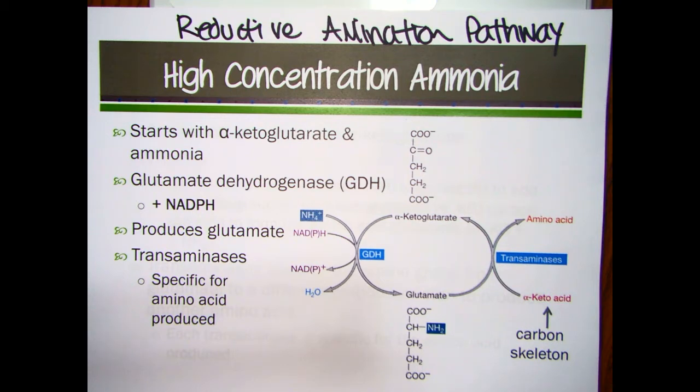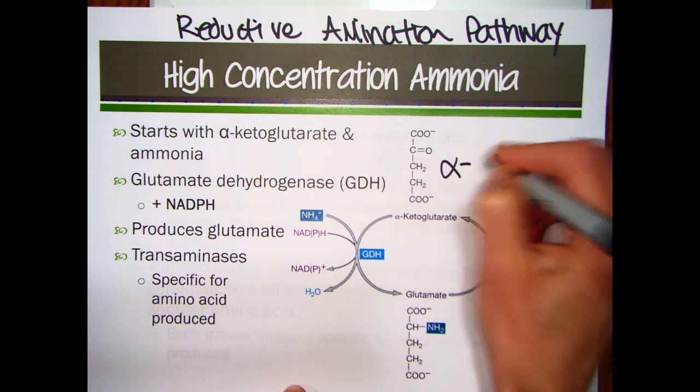You guys know that chemistry is not my strong suit. And so I can talk relatively well about these high and low concentration ammonia assimilation pathways, but I cannot draw for you alpha ketoglutarate if I needed to. I couldn't.